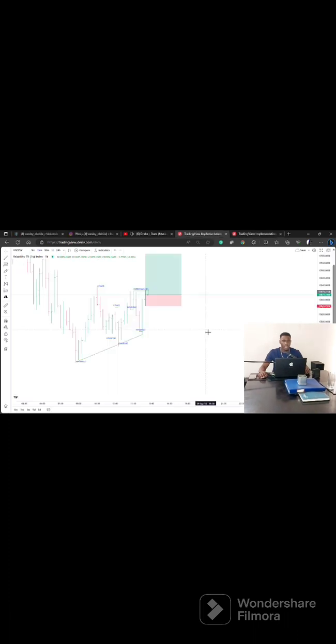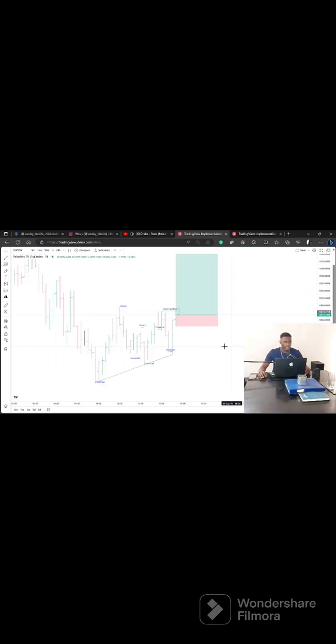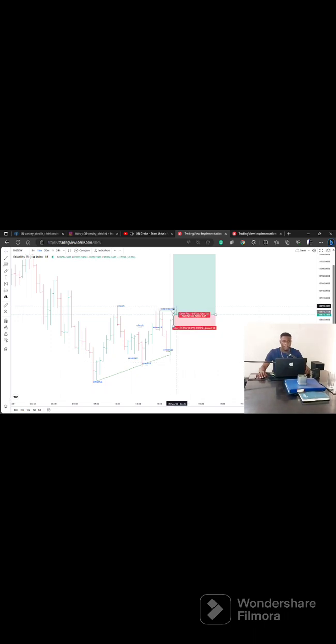So basically, this in most cases is what we have known as an uptrend. It is when price simply moves from point A to point B, guys.